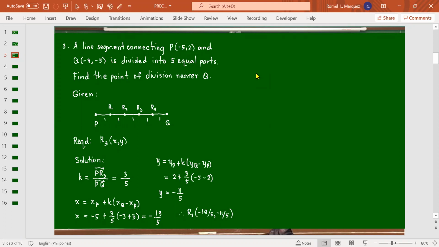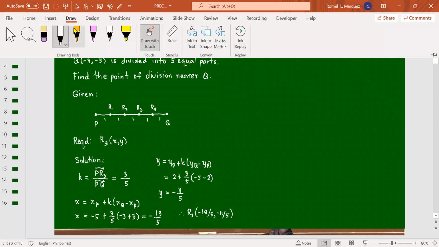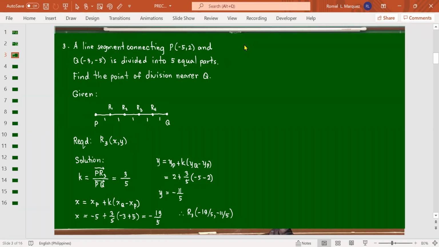This leads to the concept of inclination and slope. So if you want to give direction to a line, we are going to make use of the concept of slope or the concept of inclination. Either of the two, no? So let's start with angle of inclination.